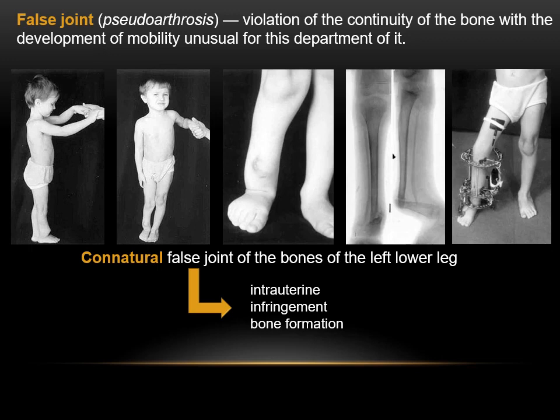In this case, a false joint develops as a result of intrauterine disorders of bone formation. A rather complex orthopedic pathology which leads to the fact that a child born cannot fully use his musculoskeletal system, and from birth he is already sentenced to the most serious operations, because a false joint, whether congenital or acquired, is treated only surgically.